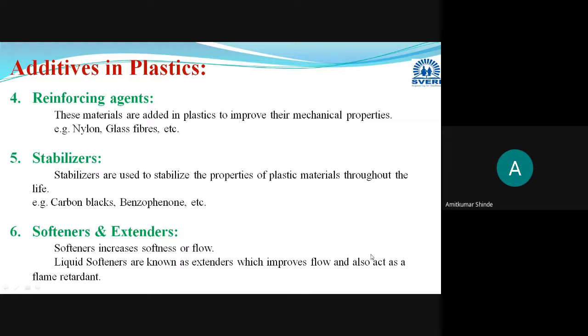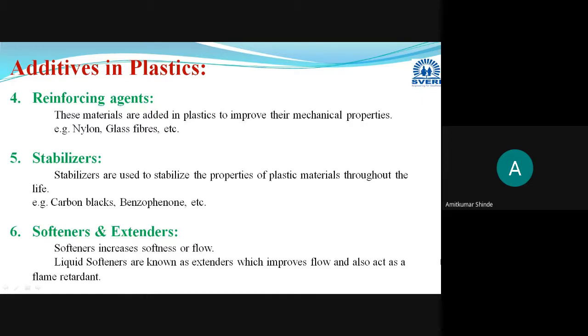Now, what is the function of reinforcing agents? They result in improved mechanical properties, in the sense that they improve the strength of the plastic material. For example, we add nylon or fibrous materials like glass fibers, and sometimes metal fibers, to give strength to that particular plastic material.